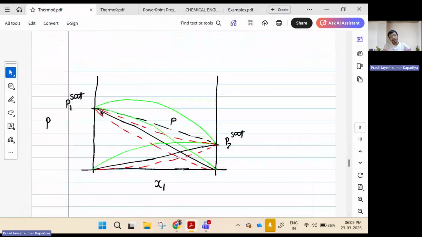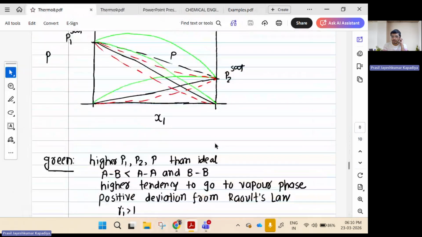It can increase. Let's say P total is greater than that estimated from ideal Raoult's law, and in the other case P total is, this green curve, less than what is obtained from Raoult's law. So the green curve says higher P1, P2, and P than in ideal solutions estimated from Raoult's law.